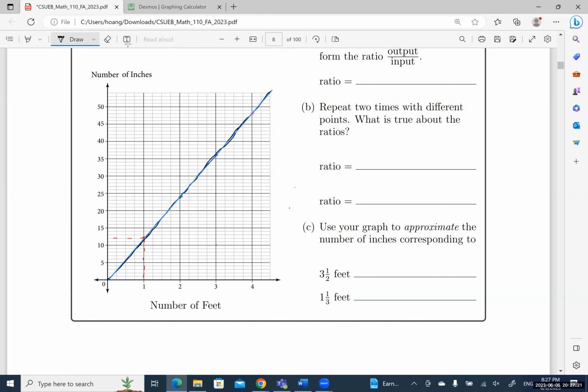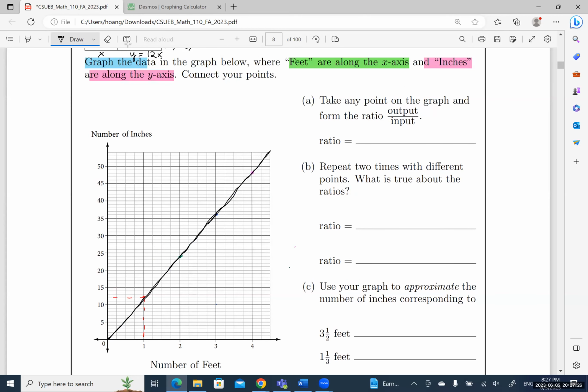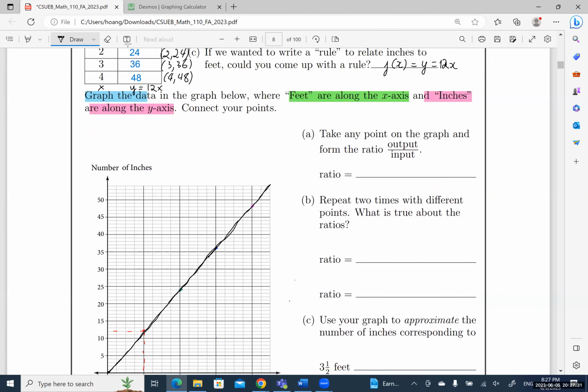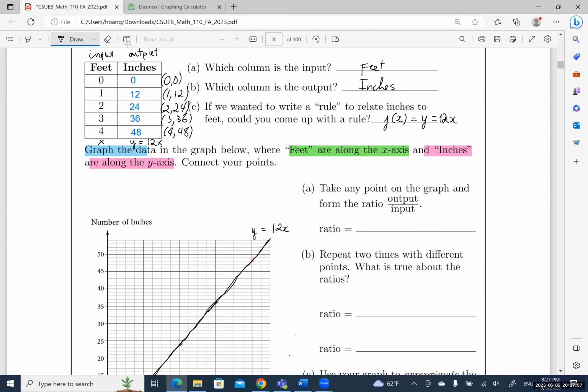So now, the equation of the graph of this function is y equal to 12x, right? So I connect all the points, and I take any point on the graph and form the ratio of output over input. So let's see. I have output over input.